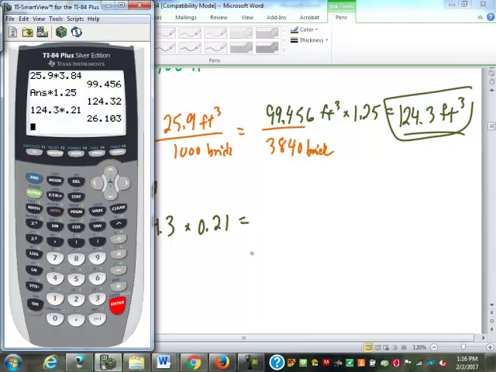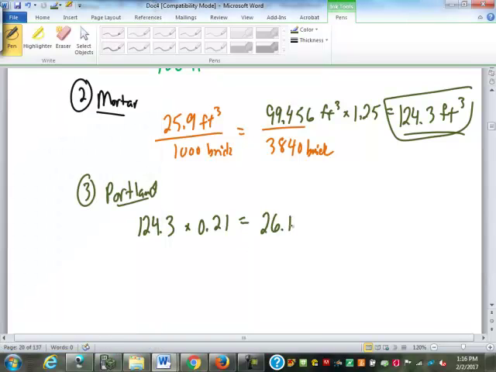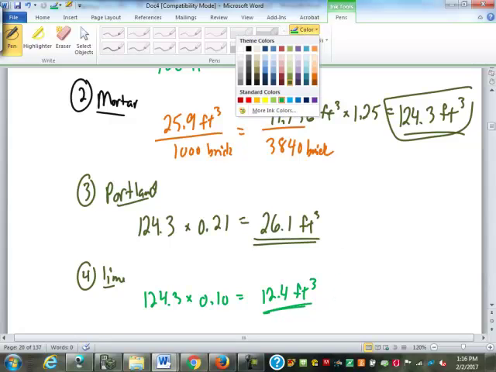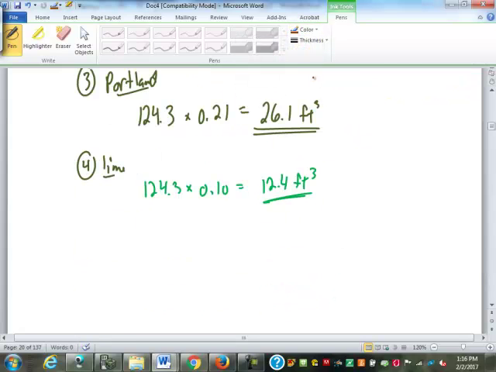Gives us 26.1 cubic feet. How about lime? Well, 124.3 times, for lime, it's 0.10. So 12.4 cubic feet of lime.